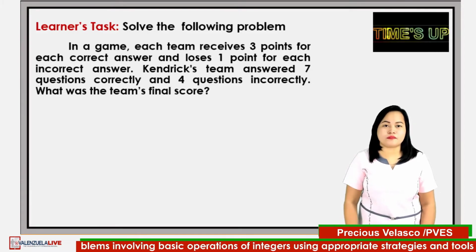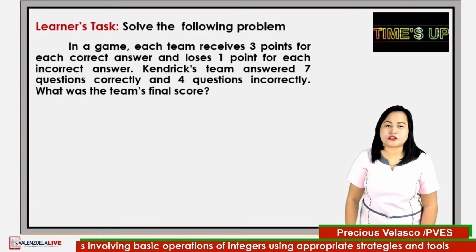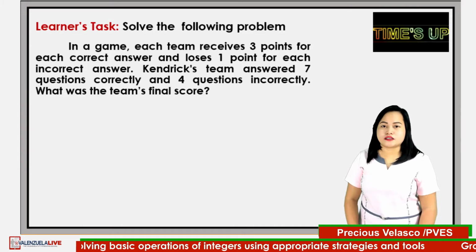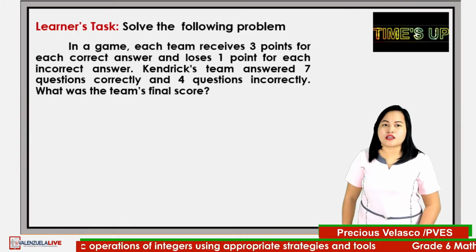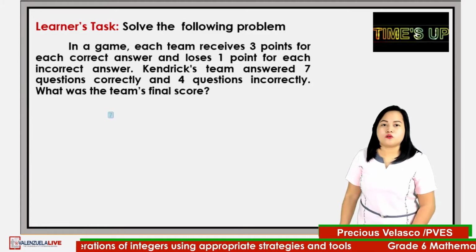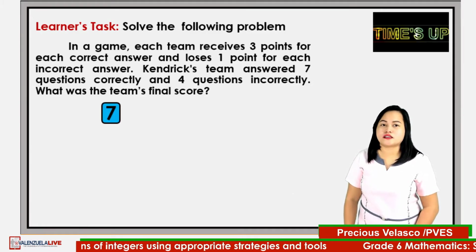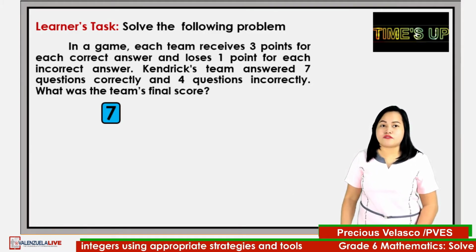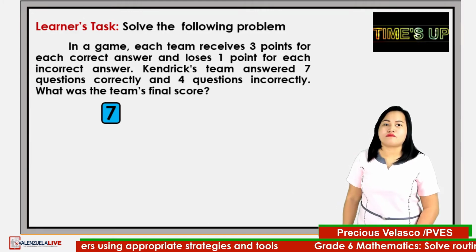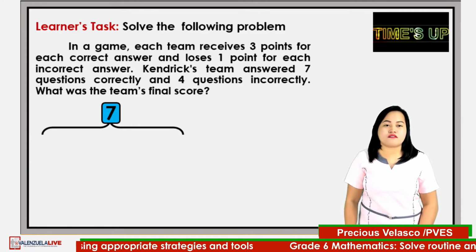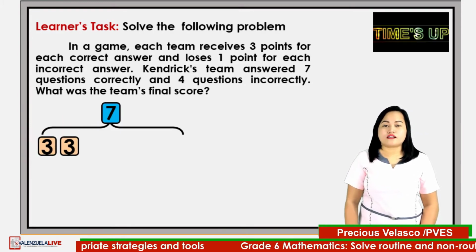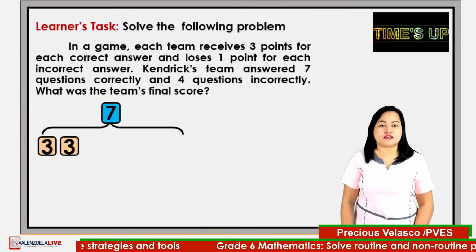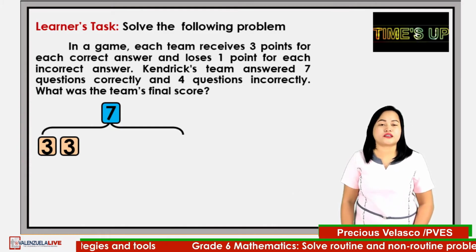Okay, time's up. Let's see. In this problem, I choose to use the tools or the blocks to represent or to visualize each number. So I have here 7 since they answered 7 questions correctly. And under this, I have 7 tiles which has 3 on it, which represents the scores or the points they get.